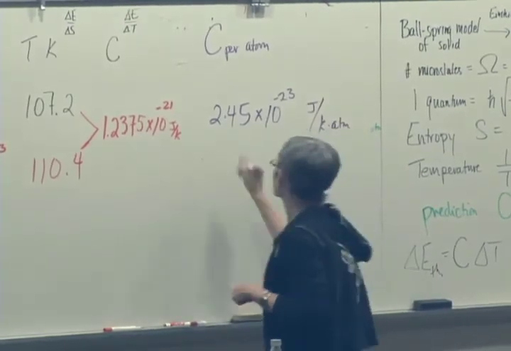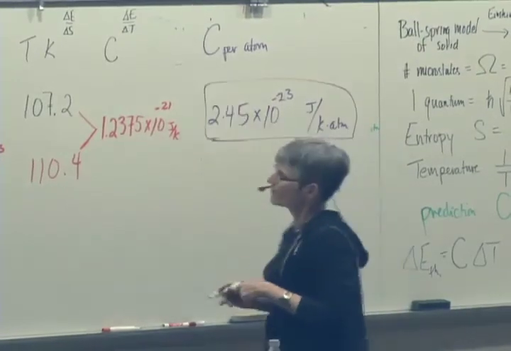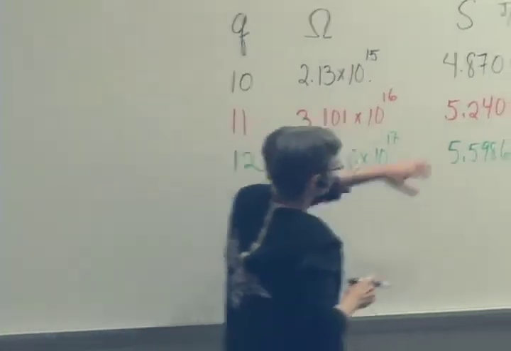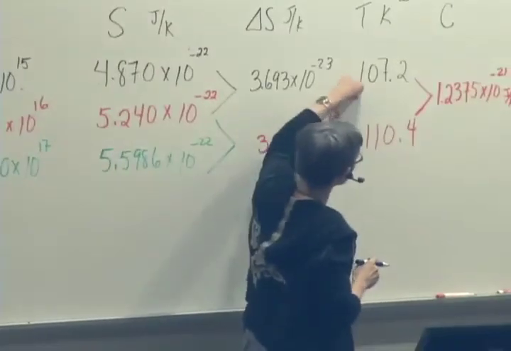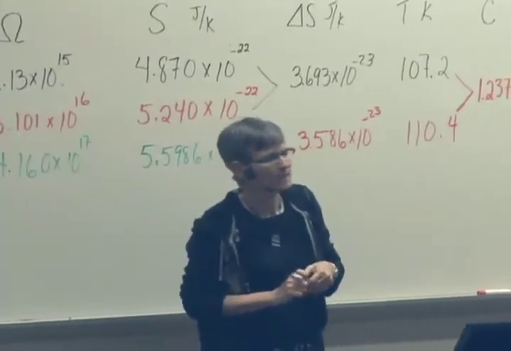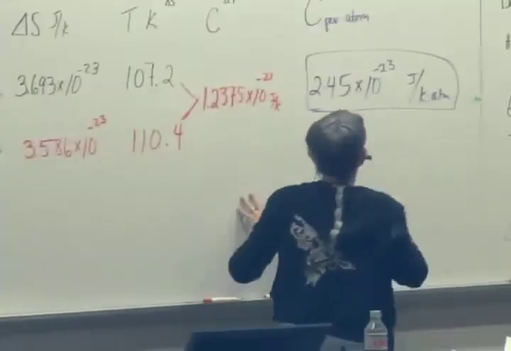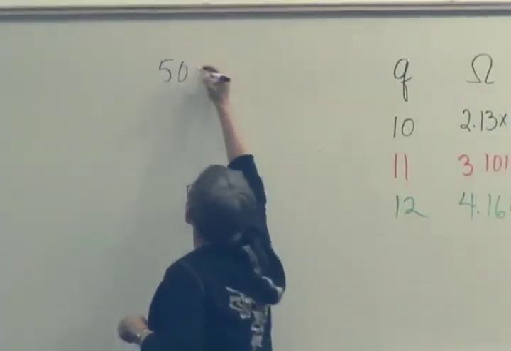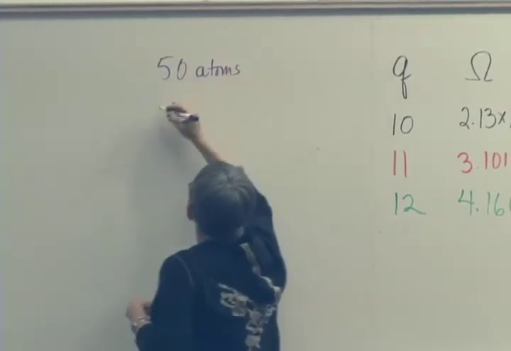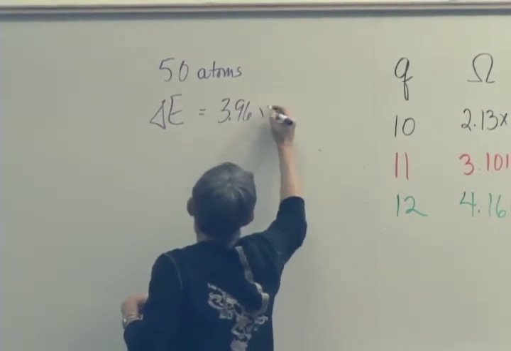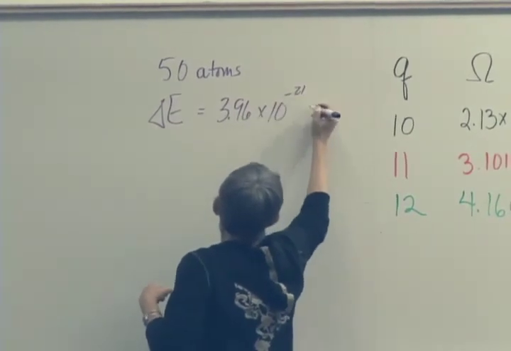Okay, so with a fair amount of work, we find that at a fairly low temperature, somewhere between 107 and 110 Kelvin, the specific heat capacity for aluminum, and this was 50 atoms, and delta E was 3.96 times 10 to the minus 21 joules.